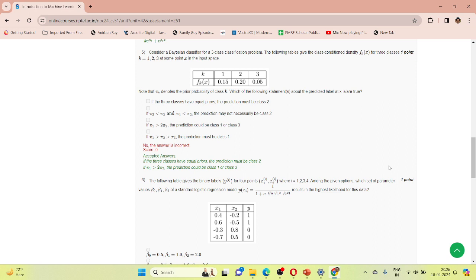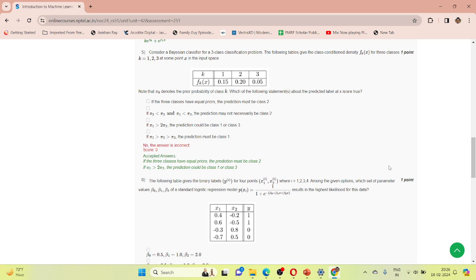That is why the answer will be that one, because if any information is given, then we can say for sure that it will be class 3 or class 1. But as it is not given, that is why it is the answer. Okay, sir, I will be back after 10 minutes.